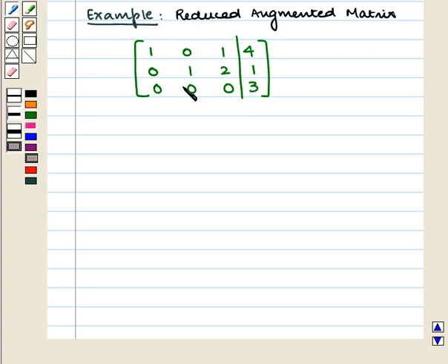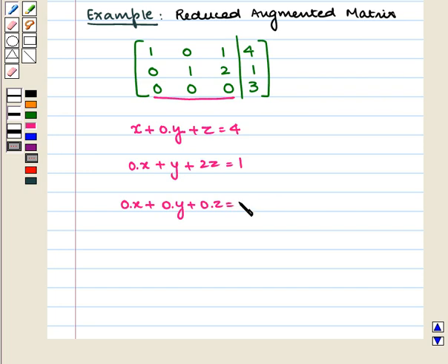Here all the entries in the last row are 0 except the last entry, and if we write its equivalent system of equations, we get x plus 0 into y plus z equal to 4, 0 into x plus y plus 2z equal to 1, and 0 into x plus 0 into y plus 0 into z equal to 3, which is not possible. So it has no solution.